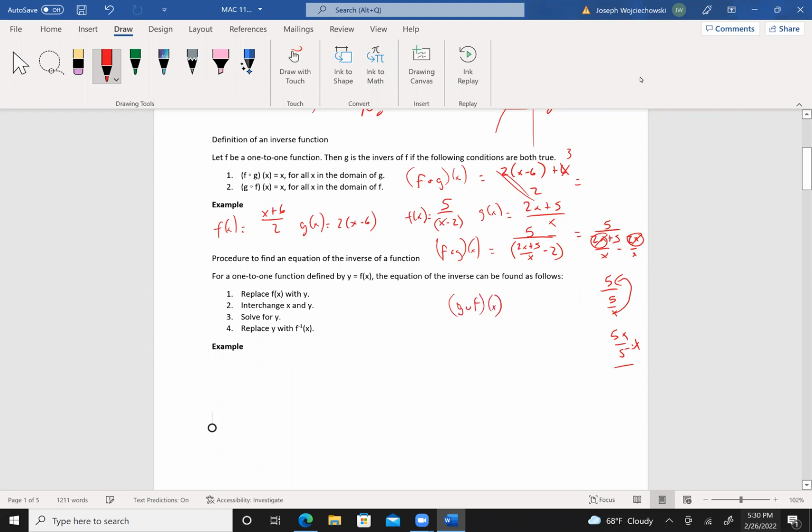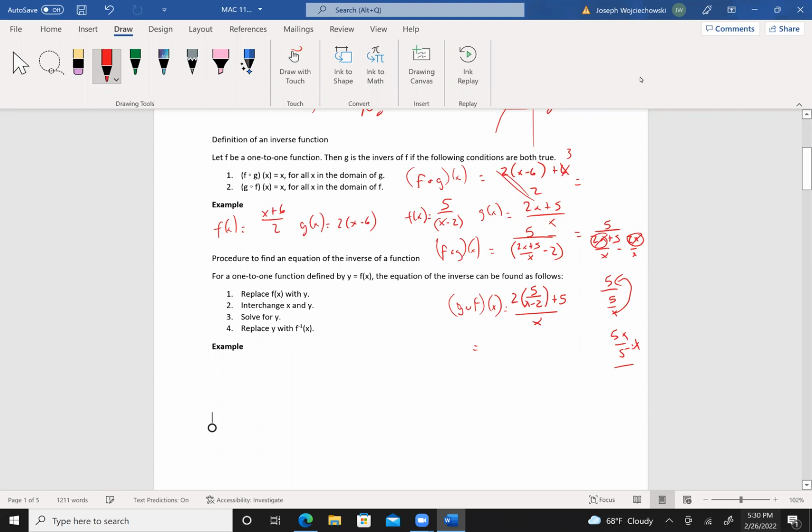Then we test this composite of g and f of x. So now I plug f into g. So I have 2 times 5 over x minus 2 plus 5 over x.